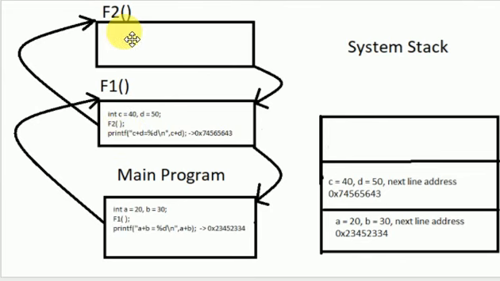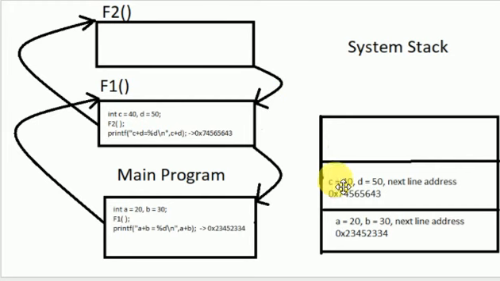Before going to f2 function, the state of f1 C and D and the next line, the printf address, this line's address, is stored onto system stack and f2 is called, and whatever is there in the f2 is executed and you will return to f1.